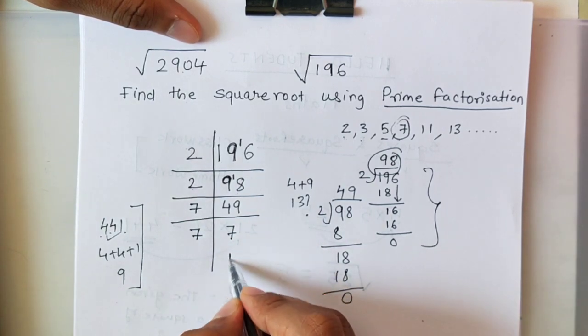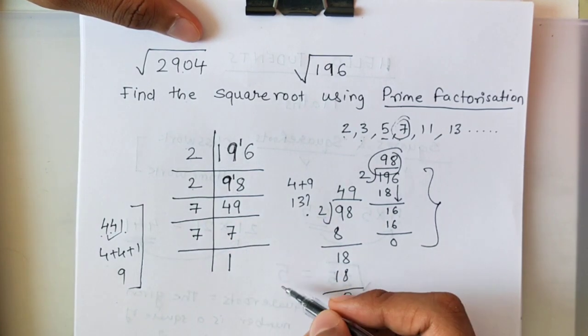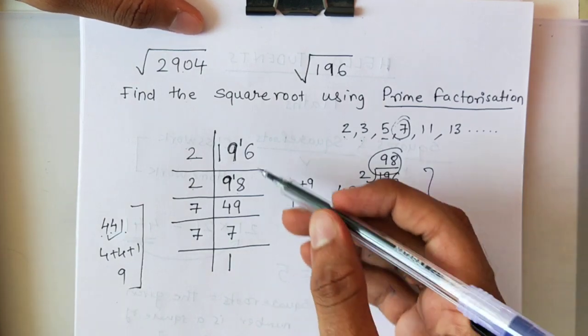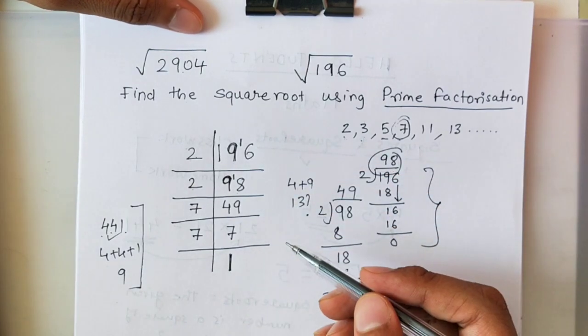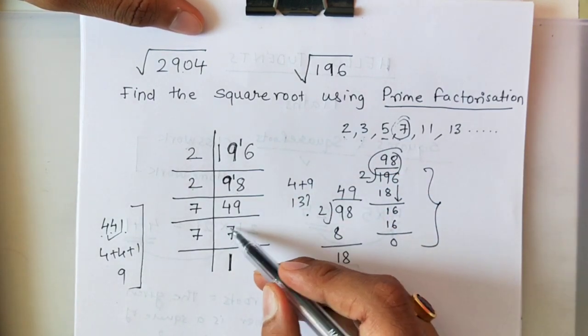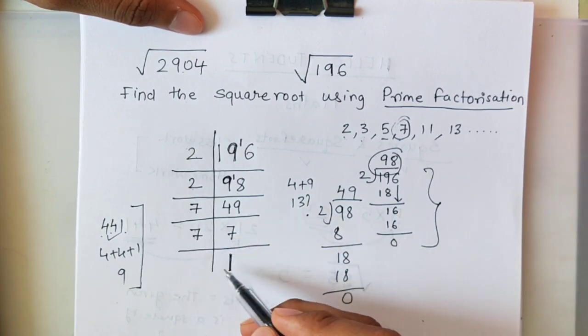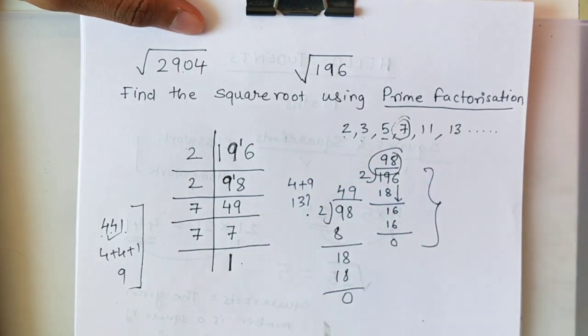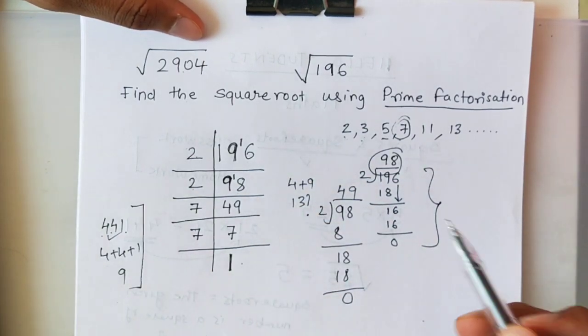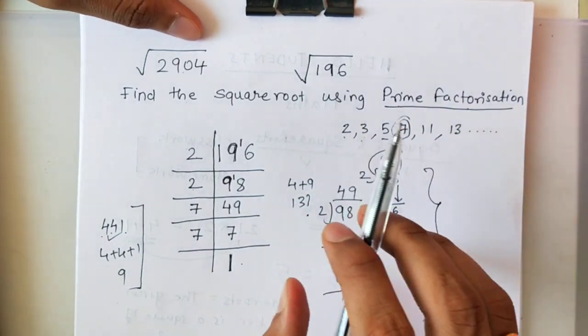So 7 ones are 7. You have to solve till you get 1 in the end. You cannot stop here because 7 can be divided by 7 itself. I stop after doing this. So we have completed the prime factorization.